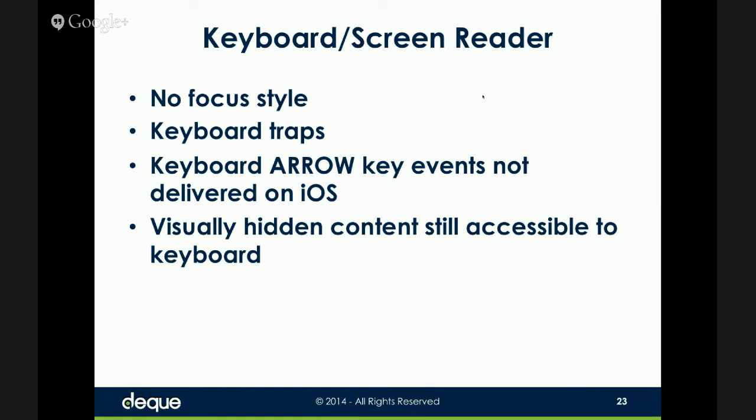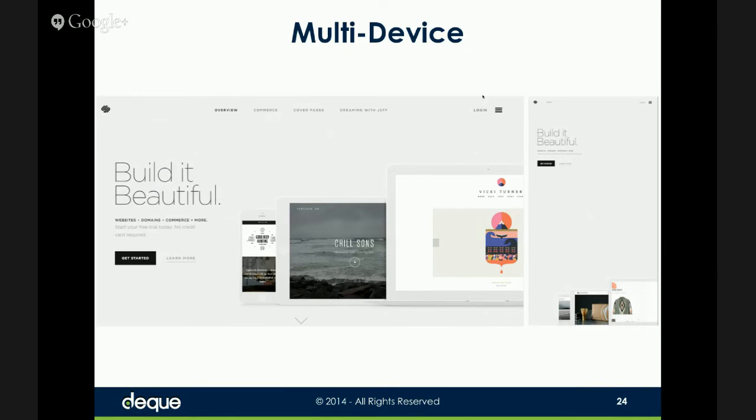So make sure that you're using the appropriate techniques to hide content like that. And then multi-device: making sure that when you display your navigation on multiple different device sizes, you can actually interact with it, both with a keyboard and with a mouse and the appropriate touch interaction, etc.